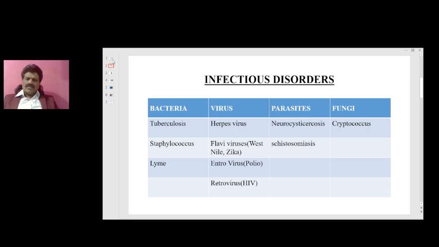Amongst the fungal disorders we have cryptococcus. These fungal infections are usually seen in immunodeficient persons. So basically we have 4 categories of infectious disorders: bacteria, virus, parasites and fungi.